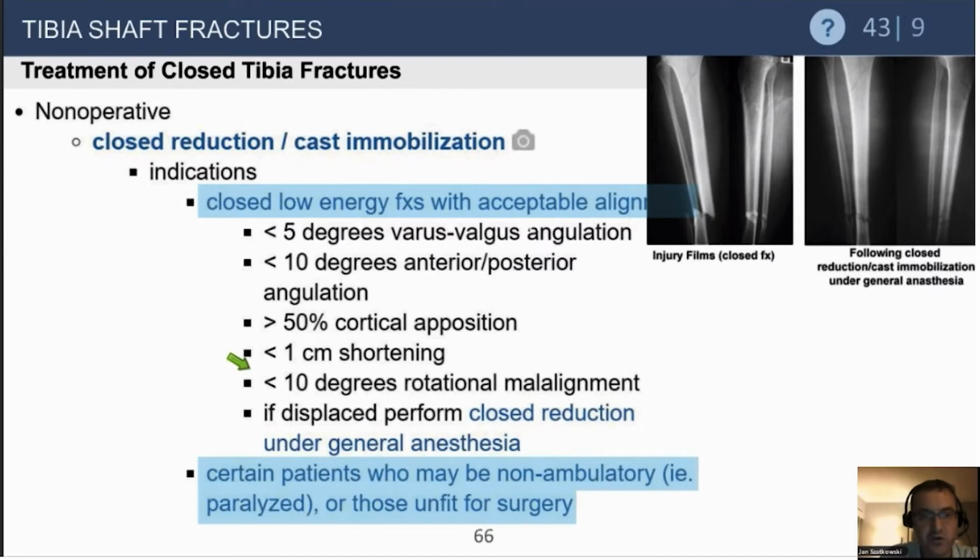So those shorter oblique fractures that tend to shorten are not good for non-operative treatment many times, as they can lead to a limb length discrepancy. And many times if they're displaced, you can perform a closed reduction under general anesthesia, but oftentimes then you're just proceeding with fixation, unless there are certain patients who are not the best surgical candidates at the time and may need to be treated in a closed manner.